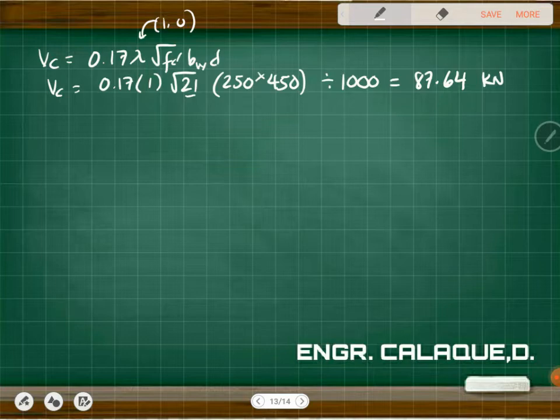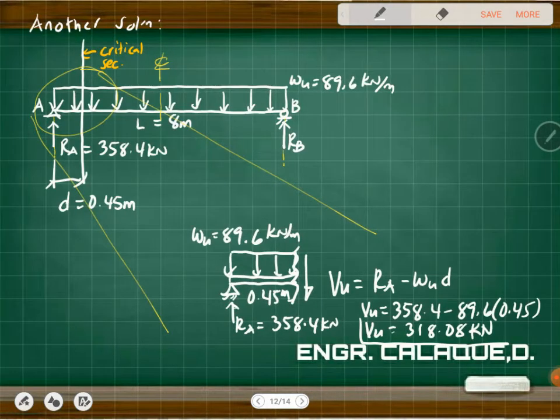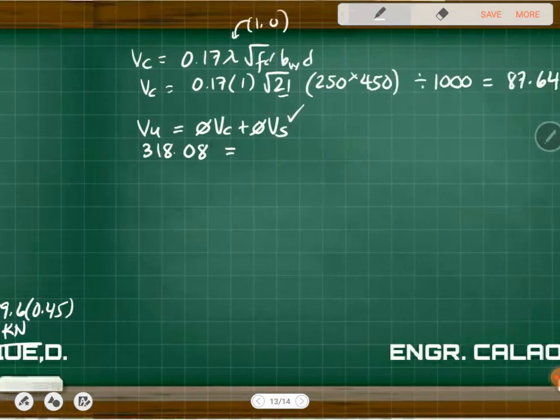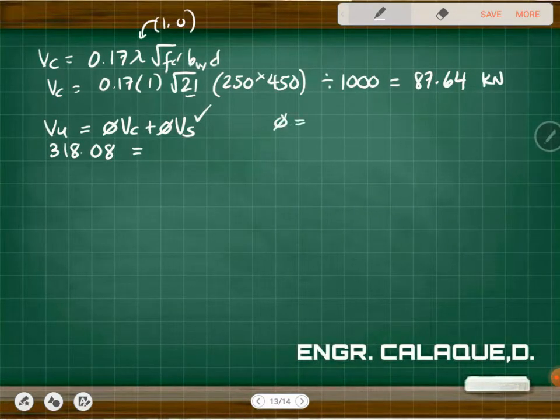So compute natin yung value ng VS. So from the formula na VU equals phi VC plus phi VS, makukompute ko na yung value ng VS. Yung VU natin is 318.08, and then yung phi natin pag 2010 or 2015, 0.75.